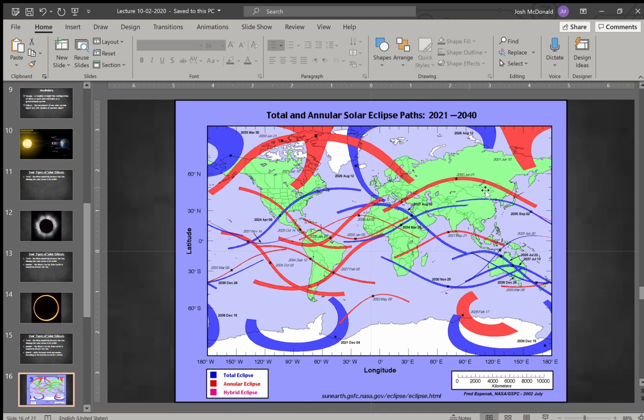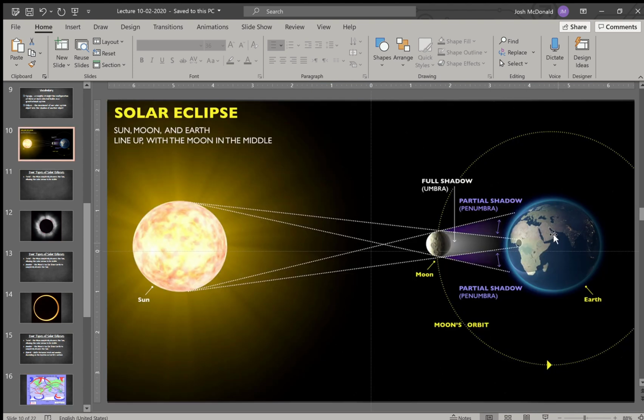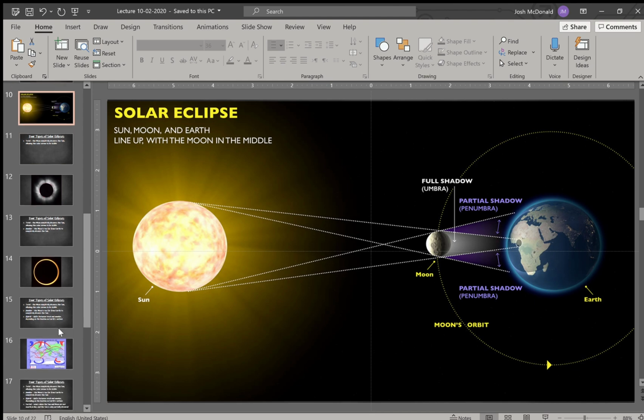So it will depend on where you are, and you'll see whenever there's an eclipse, it'll kind of tell you it's visible from this part of the Earth, this continent, and this hemisphere. So it does completely depend on where you are on Earth's surface. So again, that all has to do with the way that the moon orbits the Earth and how far or how near it is to Earth during that eclipse.